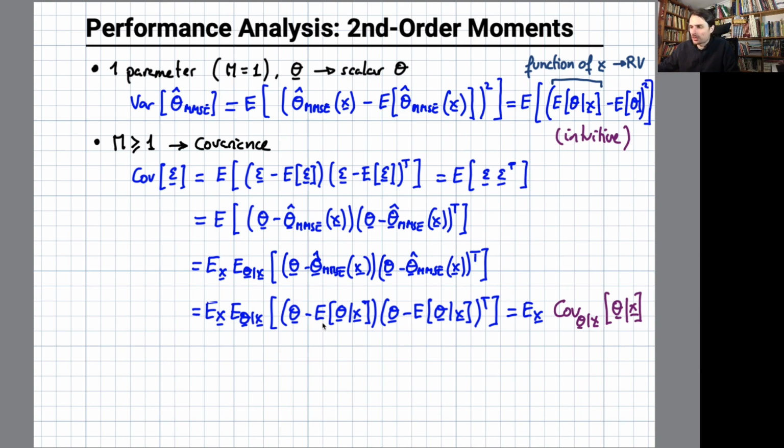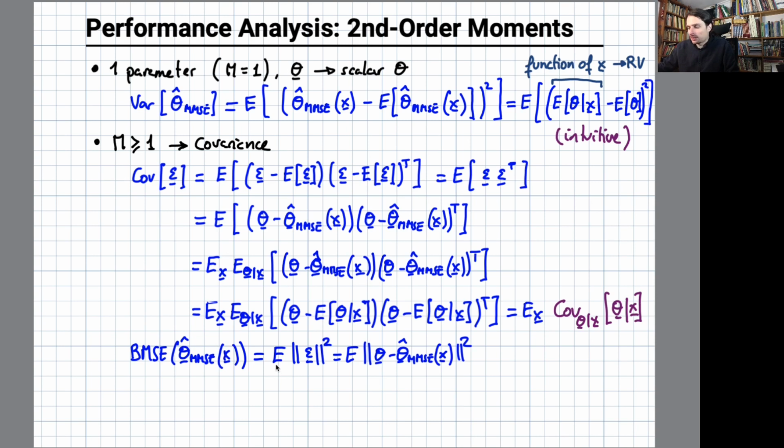Because it is the covariance taken with respect to the conditional distribution, actually the posterior distribution in this case. And this is averaged over x. So this is the variability of theta for each fixed x, and then this is the result of averaging that variability across x. So again, it makes sense.